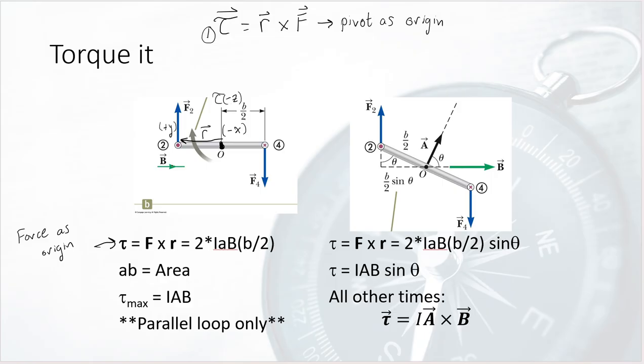Now, in this version here, where force is our origin, we're taking this as sort of the zero point, and thus we have for our force positive y, and for our lever arm, we're looking at positive x. Now, one important thing to remember about cross products is that they are not commutative.